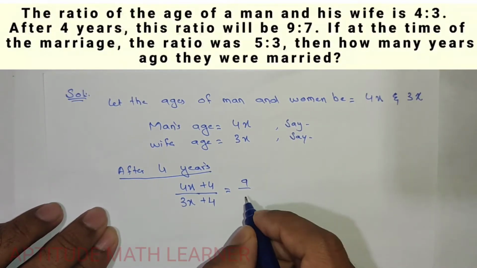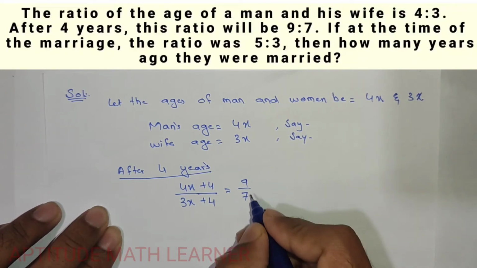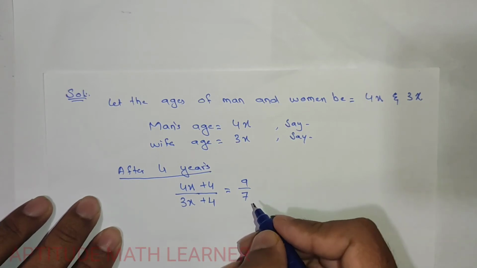So after 4 years, their ages will be in the ratio of 9:7.